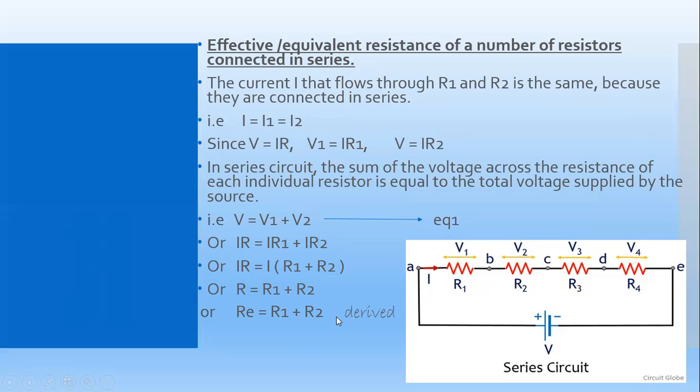This formula shows that the effective resistance when the resistors are connected in series is equal to R1 plus R2. That means total resistance is greater than the individual resistance when we connect the resistors in series.